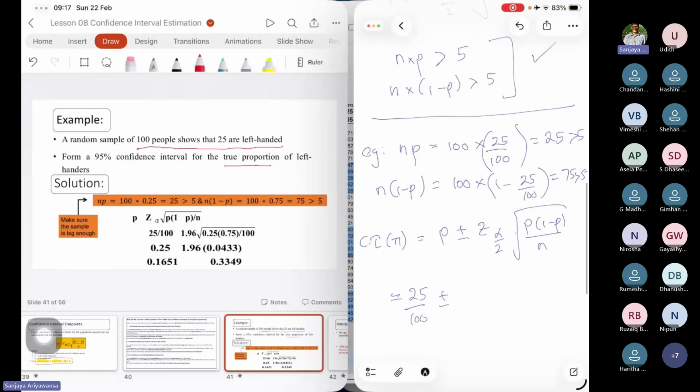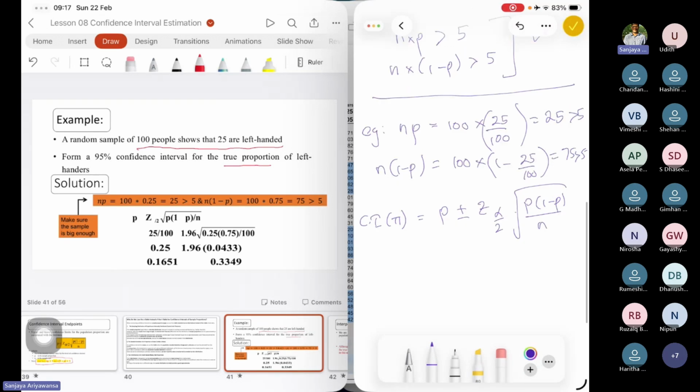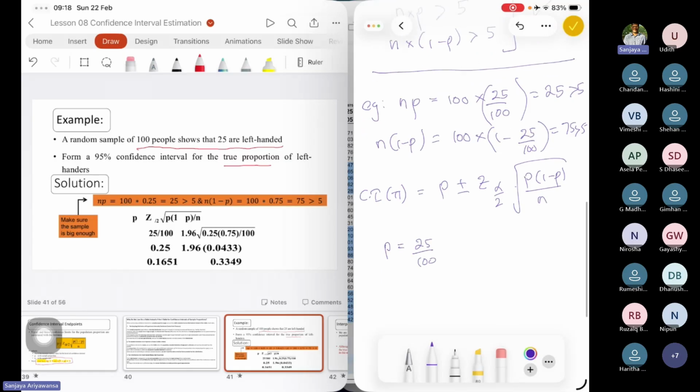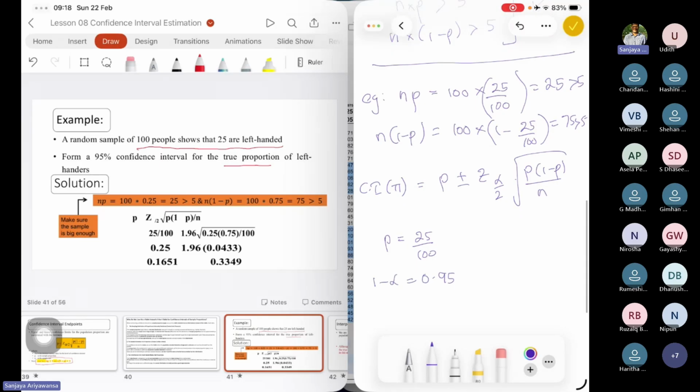Before I write this equation, let's figure out the parameters. We are told to make a 95% confidence interval, so 1 minus alpha is 0.95.